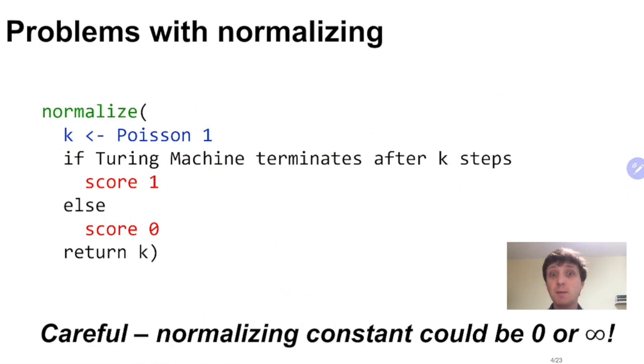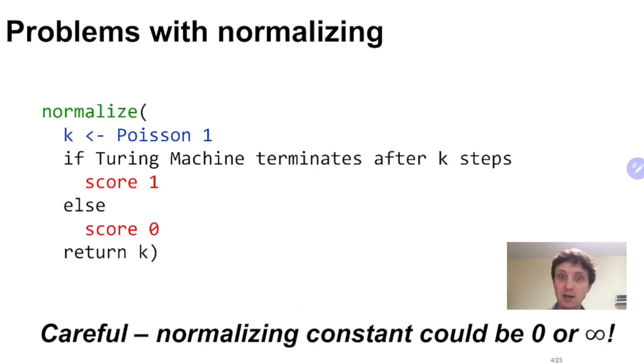Here's a little program. Suppose I include in my language a Turing machine simulator. Then what I could do is the following. Draw a number from a Poisson distribution, call it k, so that gives me some integer from 1 upwards. And then I run my Turing machine. If it terminates after exactly k steps, I'm going to score that run with a 1, otherwise I'll score the run with a 0.